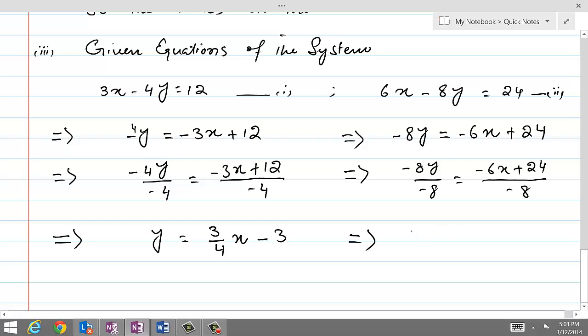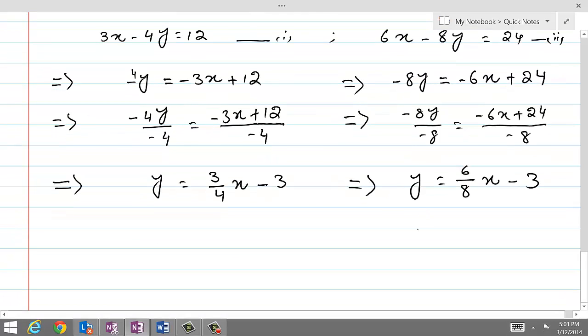This should give us y equal to 6 over 8x minus 3, because 24 over 8 is equal to 3. So if we further simplify this one, 6 over 8 can be further reduced to 3 by 4. Therefore, the simplest form is y equal to 3 by 4x minus 3.